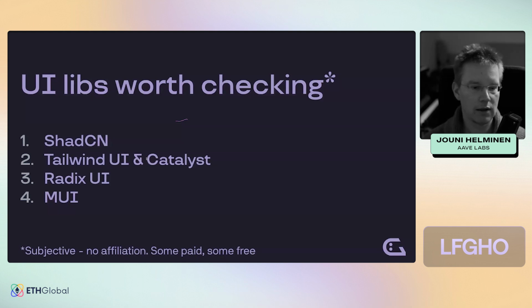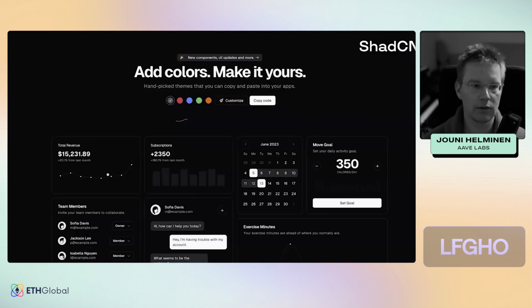Tailwind UI, or Catalyst I think it's called now, is great again. It's paid, but it is worth the money, in my opinion, if you're in the Tailwind camp. Radix UI is great. They also have headless versions of these components. And MUI is what we currently use on Aave. It's a little bit more old school, but still pretty complete. So just quick screenshots of this, and we can start taking questions.